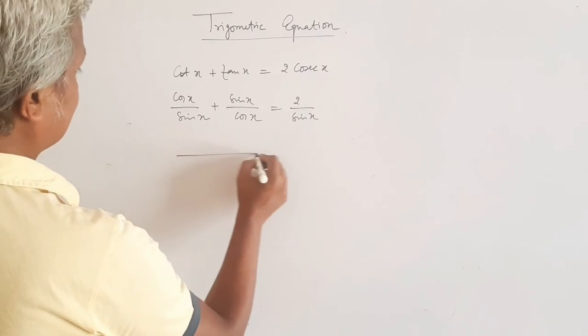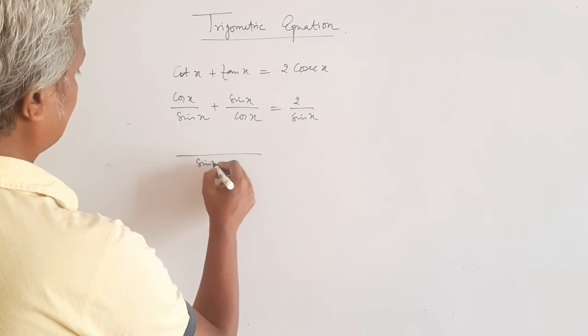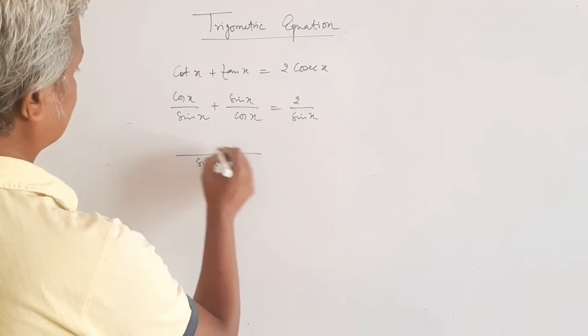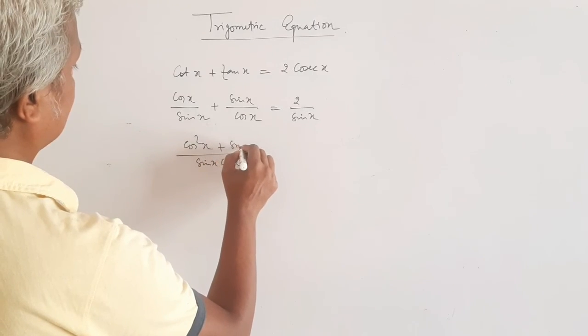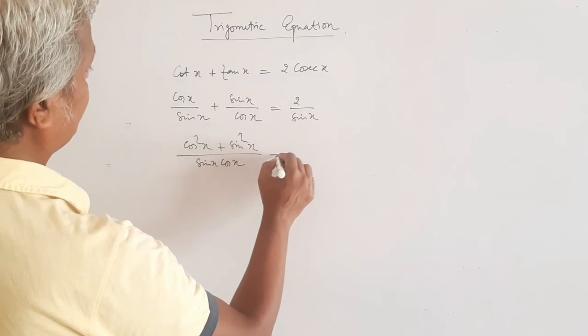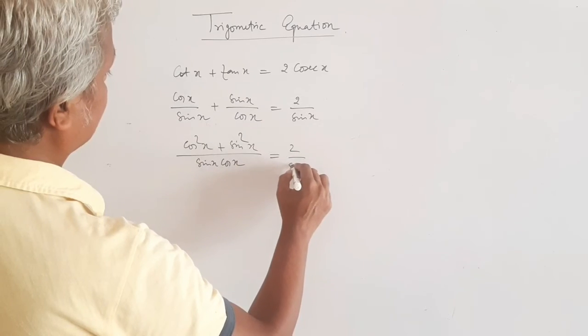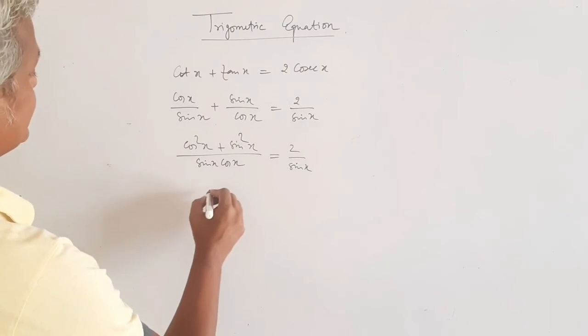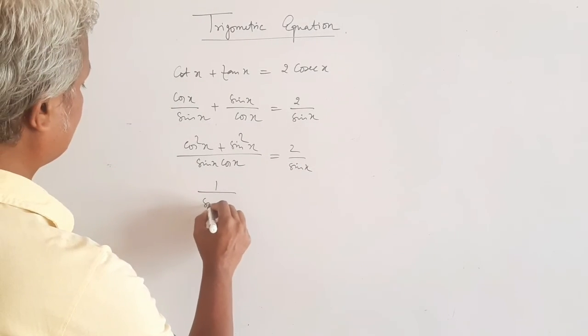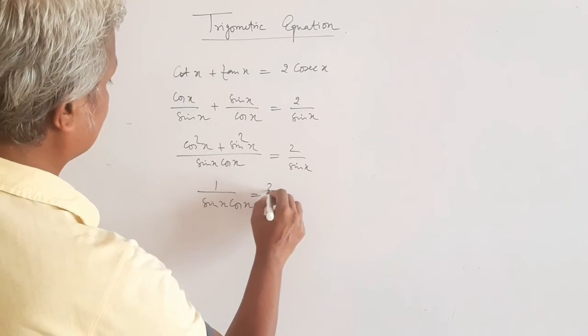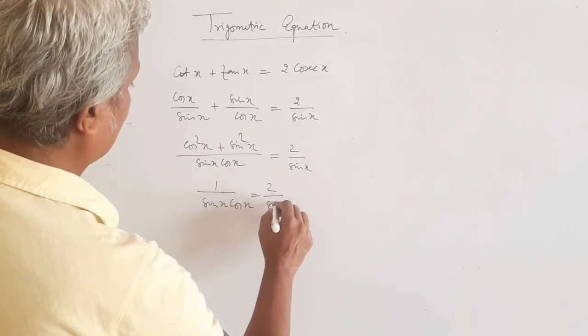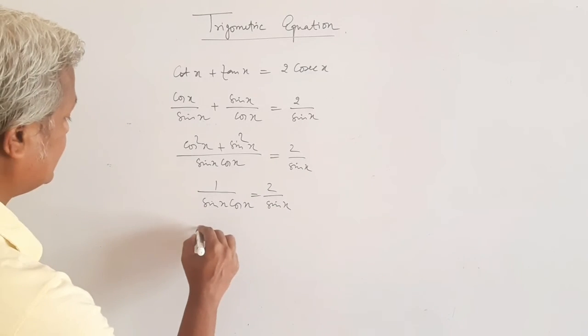Then I take the LCM as sin x cos x. Here I will get cos square x plus sin square x, which is 1, upon sin x cos x, is 2 upon sin x.